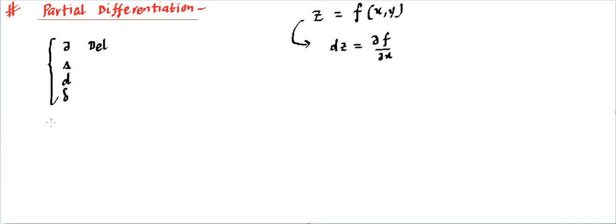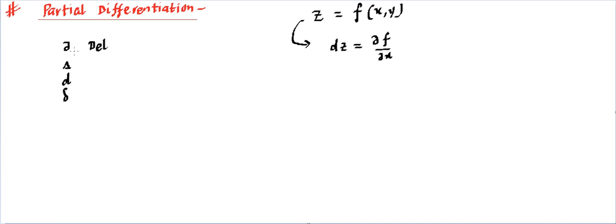All of these refer to change. So del, delta, d, everything makes sense for change. Now del we use for partial change, partial differentiation. Delta we use for a significant change. d we use for infinitely small change. And del is used when we have an even smaller change.